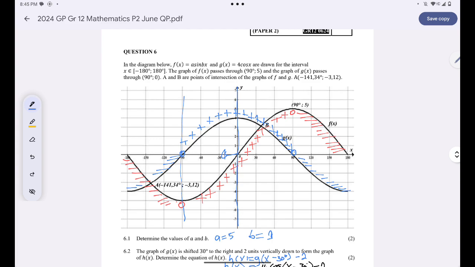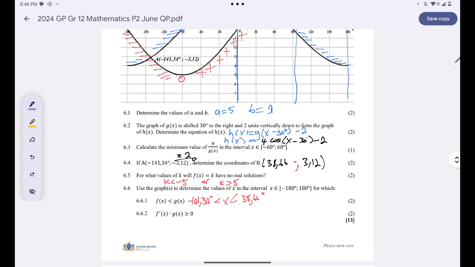Between the y-axis and 90, both of them are positive. And then here they are both negative.